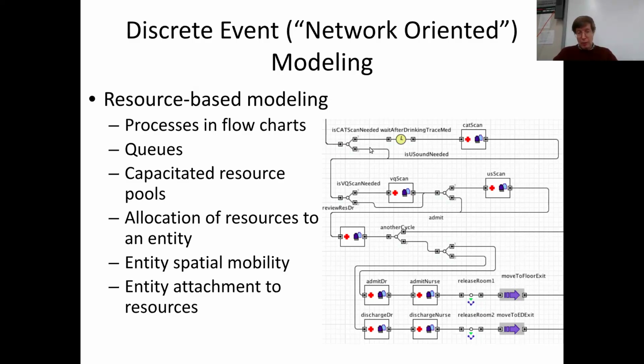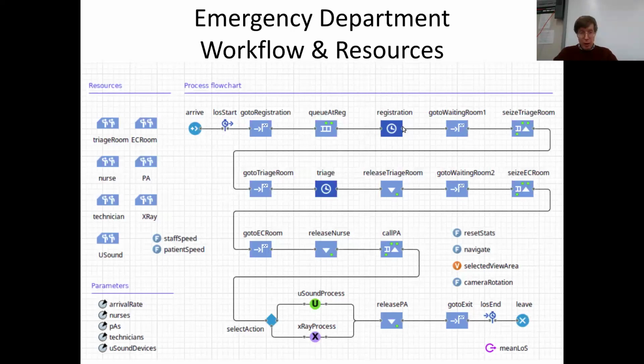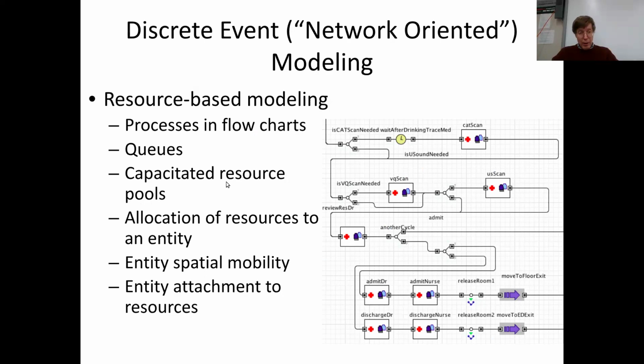Okay, these workflows. Sometimes I'll fall into calling them flow charts. Workflow is a better name. There's processes scattered throughout these blocks or operators indicate processes of sorts. Sometimes they're hierarchically described. There's maybe a sub-workflow in there. There are queues associated with awaiting certain processes, awaiting availability of the registrar, for example, awaiting ability of triage room.